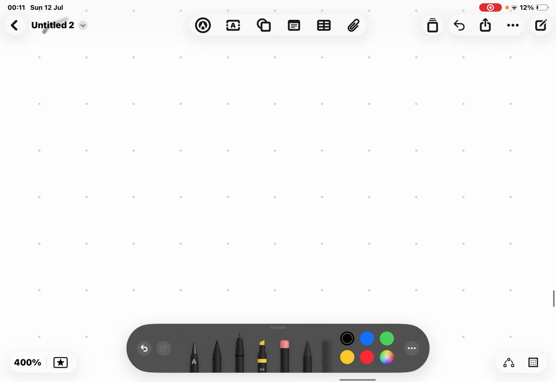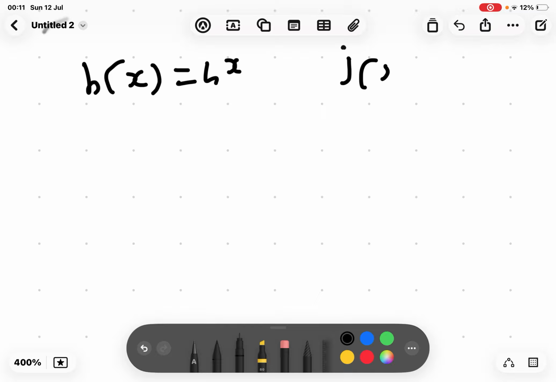Now, this is the last question. H of x equals 4 to the power of x, and then J of x equals 2x. And then this is like, what did she say it was? I can't even remember. It's basically like a very hard question.